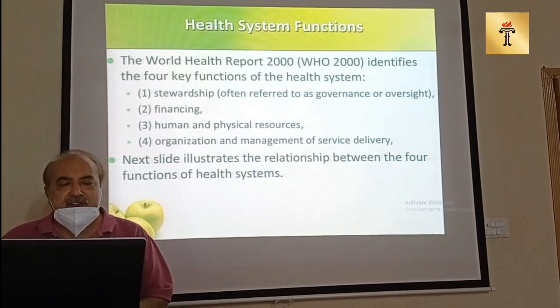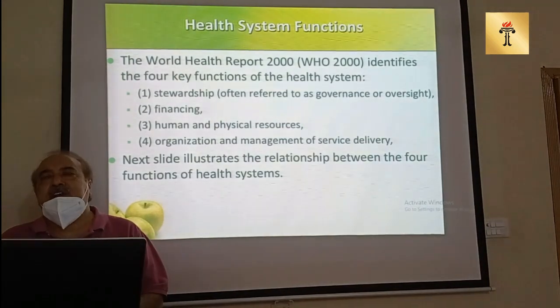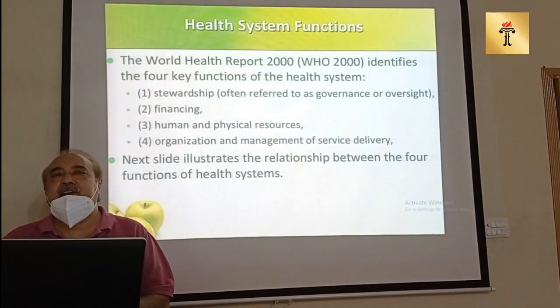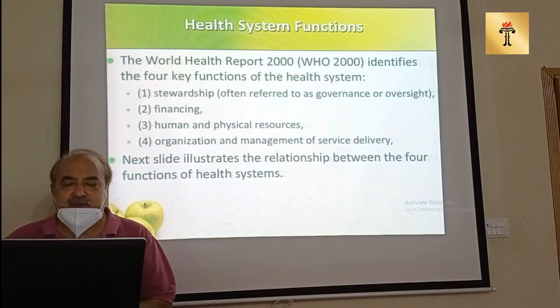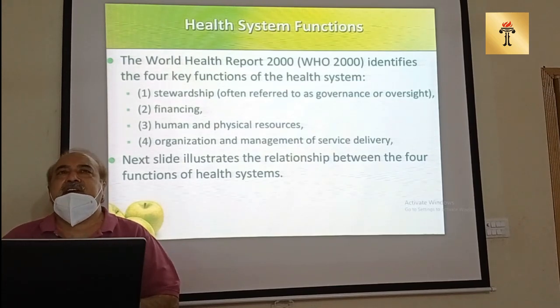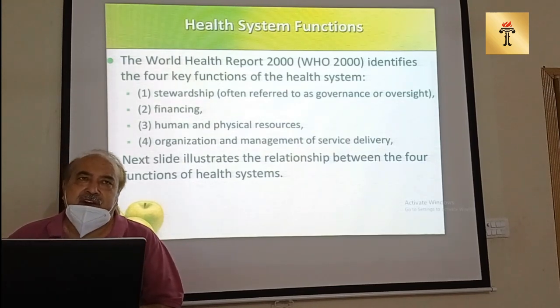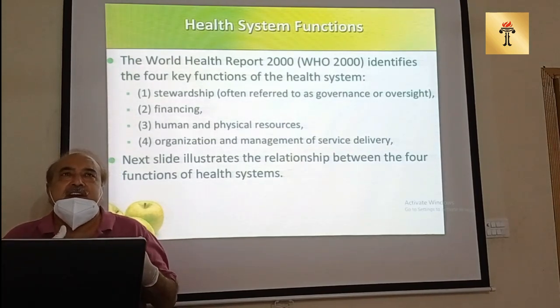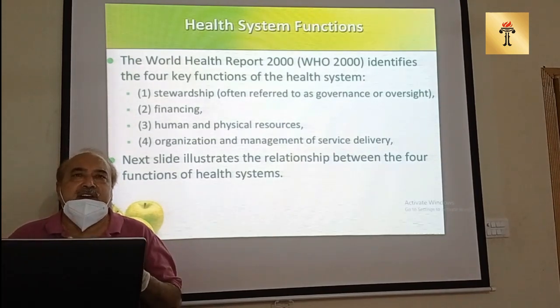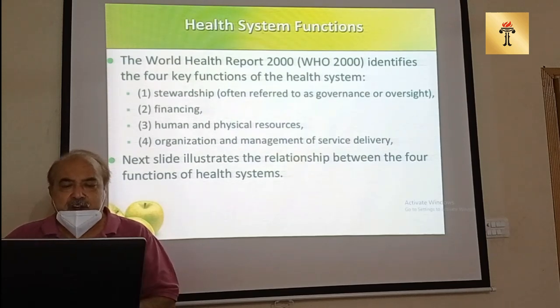The third one was human and physical resources. As you all know, nothing can be accomplished without the involvement of personnel, so the human and physical resources are also very important in the function. And then was the organization and management of the service delivery, how these health system facilities are made available to the clients or the customers or the patients.